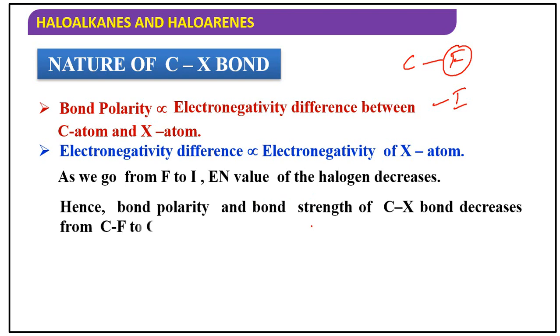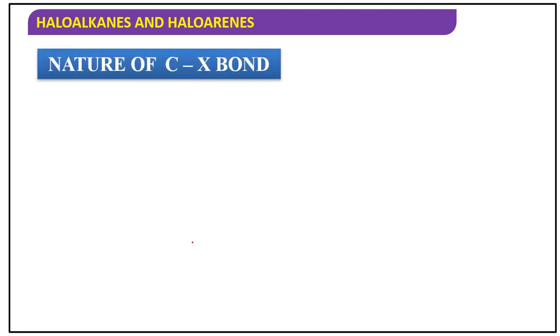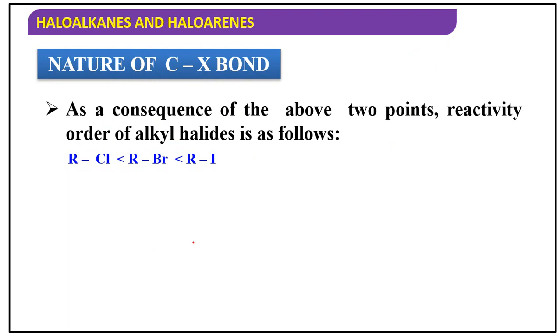Hence bond polarity and bond strength of the C-X bond decrease from C-F to C-I, but some exceptions are there. As a consequence of the above two points, the reactivity order of alkyl halides is as follows. Just now we discussed that where bond strength is less, it can easily participate in the chemical reaction.